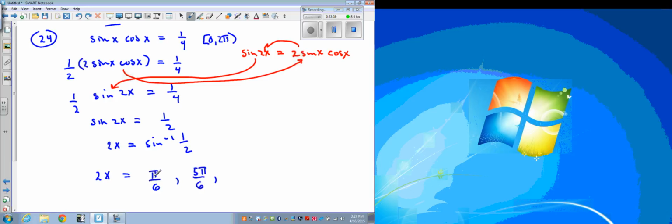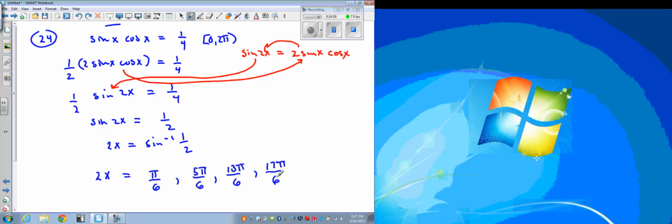Second time around, you're going to add 2 pi to this, so that's 12 pi over 6 you'll add to that. So the next one there is going to be 13 pi over 6. Then you add 12 pi over 6 to 5 pi over 6, and that's 17 pi over 6.